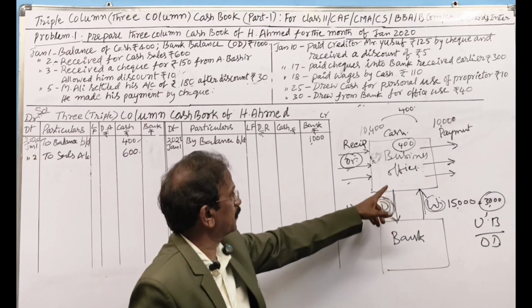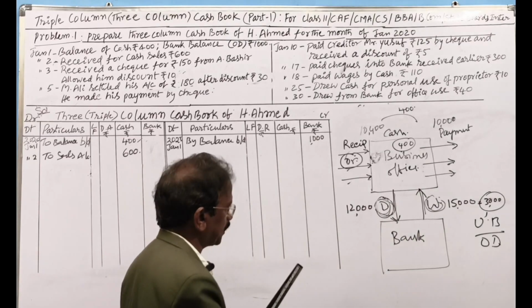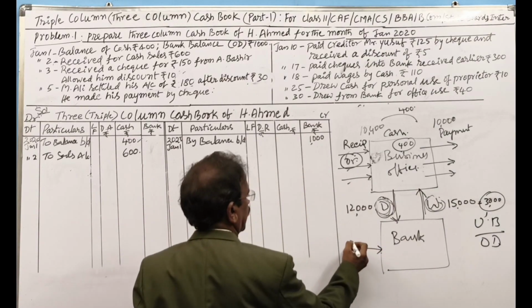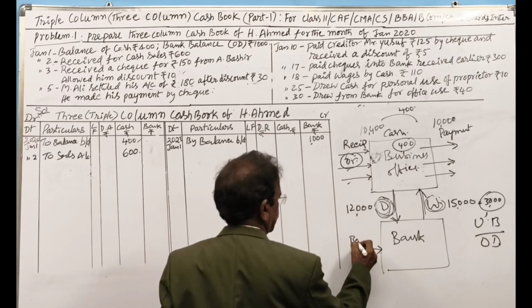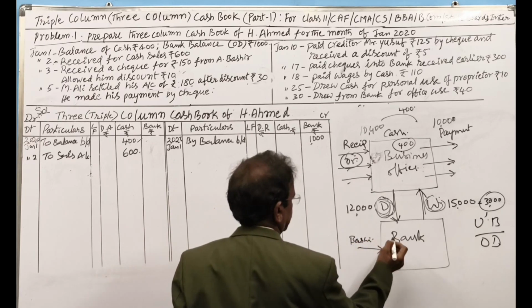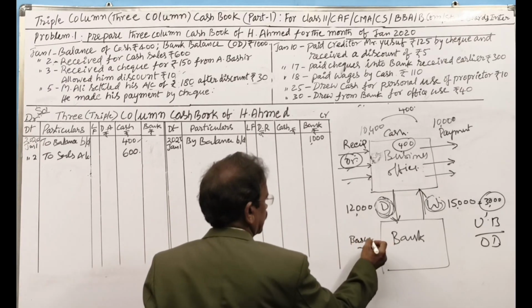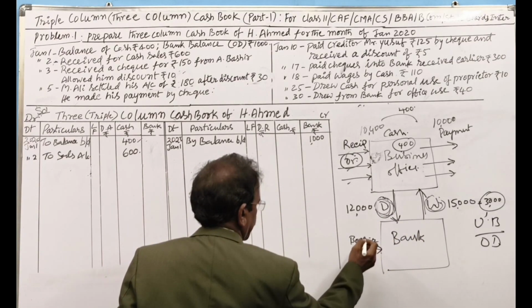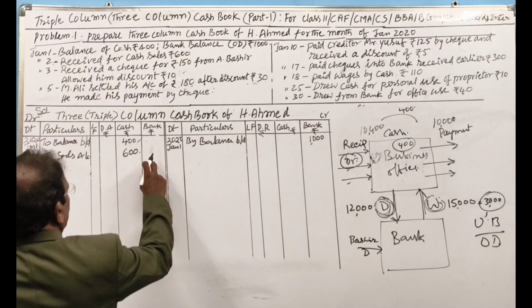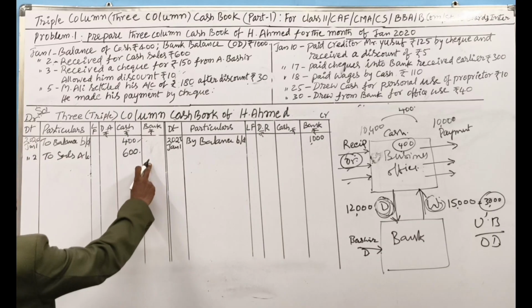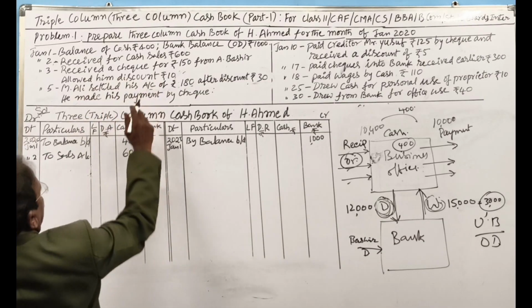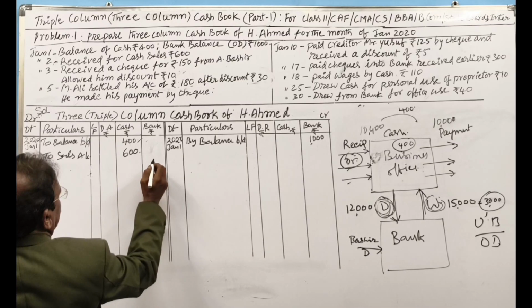Whenever there is a deposit, we should write on the debit side as per this rule. But not from office, but from outside party. Who is giving that? Bashir is giving that check. And the check is deposited in the bank. Since it is also a deposit, we have to record on debit side. How much is the amount? 150. 150 here you have to write.